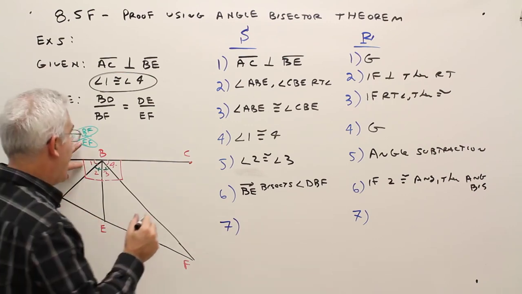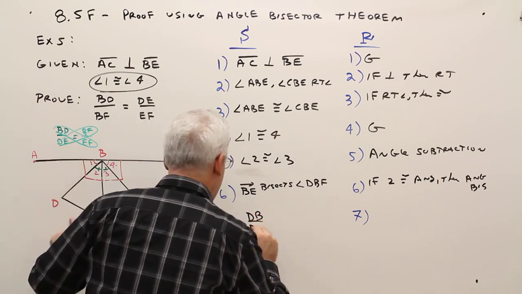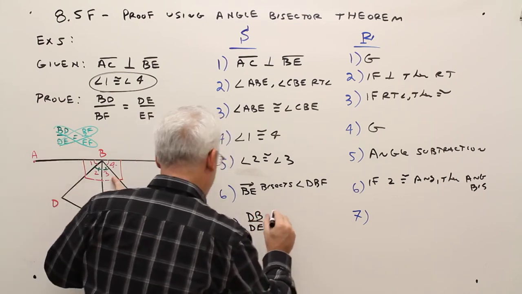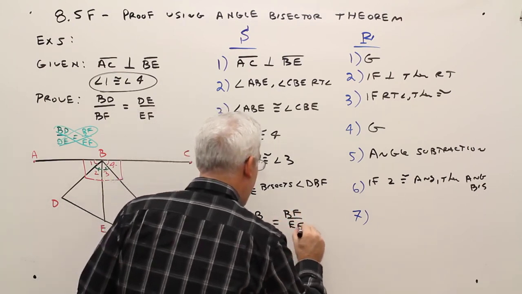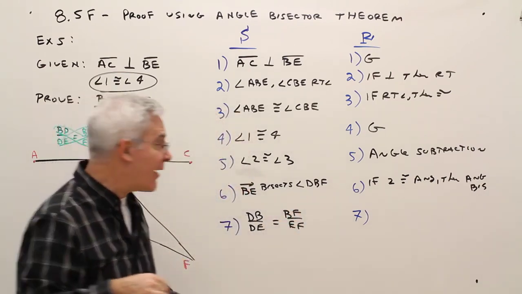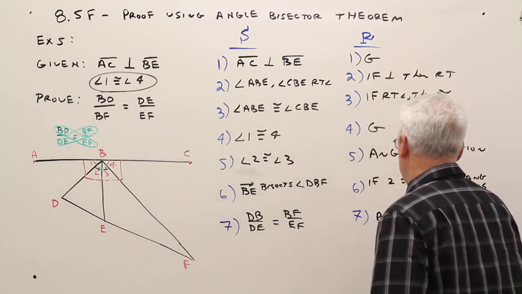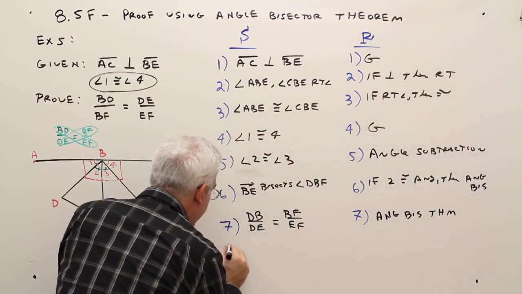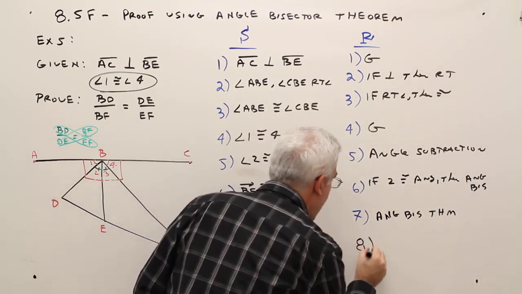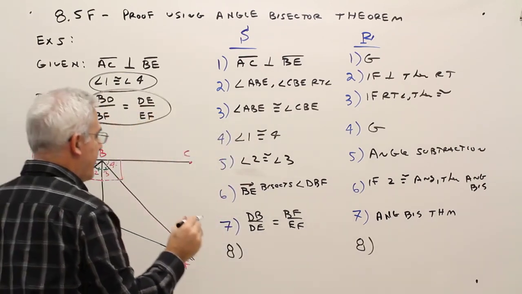So now I'm going to say DB over DE equals BF over EF. So that's going to be the angle bisector theorem. And then I'll add one more step, 8 and 8. I'm just going to change it to exactly how they wanted it.